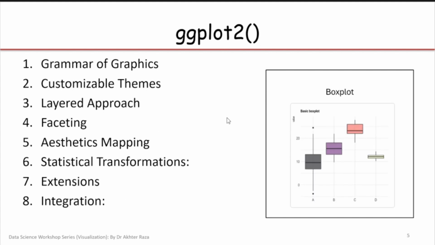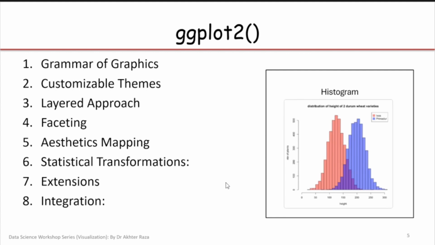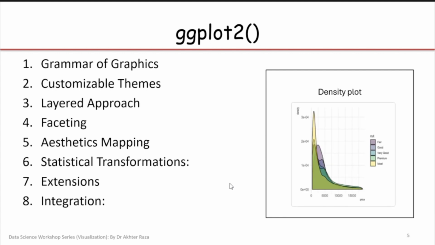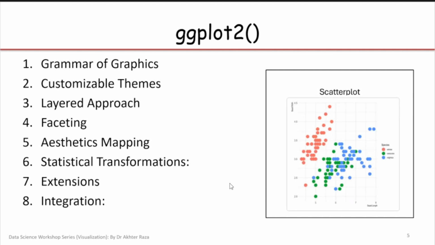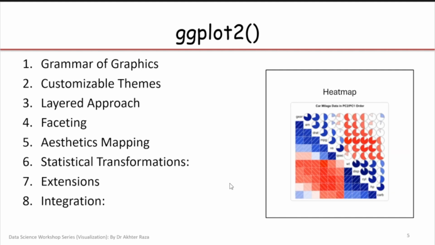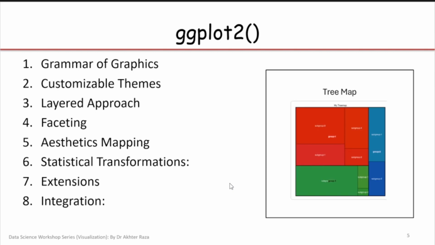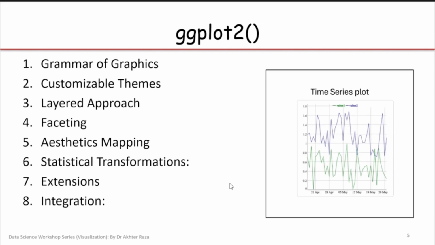ggplot2. ggplot2 is an external library in R. We can download the library, integrate it in R, and use the several functions of ggplot2. The important aspects are customizable themes, layered approach, faceting, aesthetic mapping, statistical transformations, extensions, and integrations.